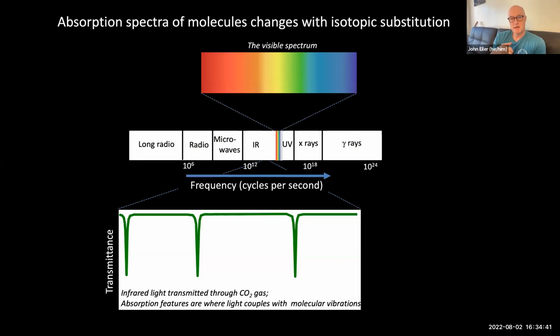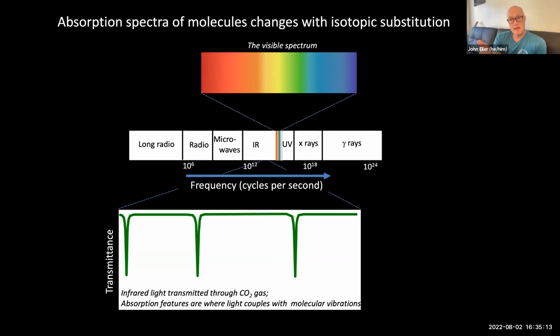Here's an experimental observation that shows you the effect that I've just talked about. This is the visible light spectrum, and then around it, the infrared longer wavelength spectrum and the ultraviolet short wavelength spectrum of light. If I look closely in the infrared spectrum, I'll see absorption bands when I pass light through simple gaseous molecules like carbon dioxide.